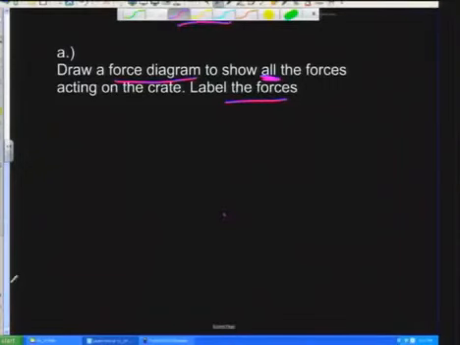In this case, it's going to be smaller. The object is accelerating. What other forces do we know? Always remember that we've got a downward force, the force of the earth acting on the object, and that's equal to the mass times the acceleration due to gravity.